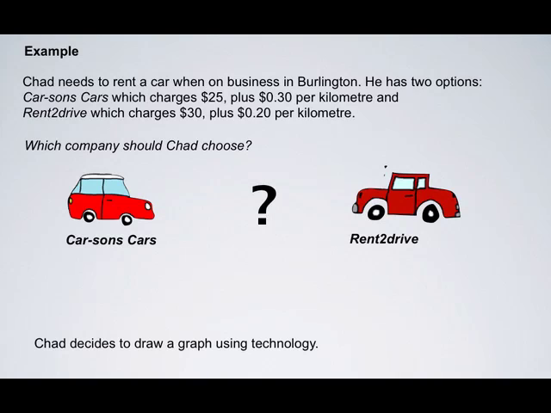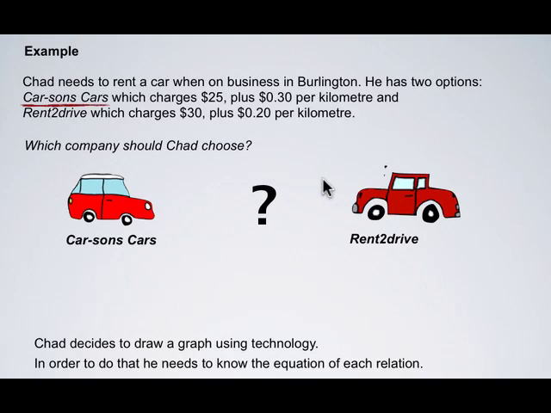And what Chad is going to do, first of all, is graph this using technology. In order to do that, we're going to need two equations to put into Geometry Sketchpad, or you can use a graphing calculator, in order to determine which one Chad should use. So we've got to set up an equation that we can put into our technology.